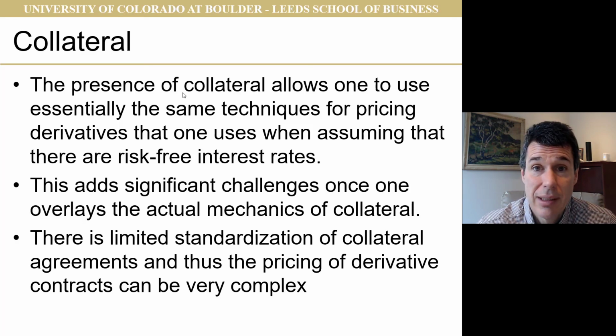At which point, all of this complexity is not particularly useful in a first course on derivatives. So it's easier, and probably pretty good, to just assume that there exists a risk-free interest rate, there exist risk-free interest rate investments, and work from there, and later bring into account collateral or add that complexity later.